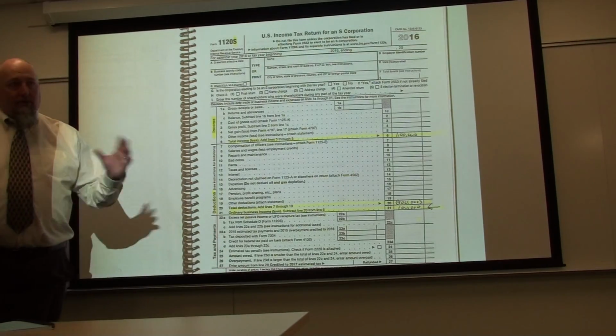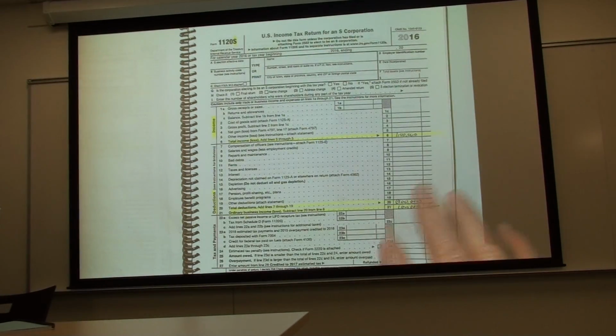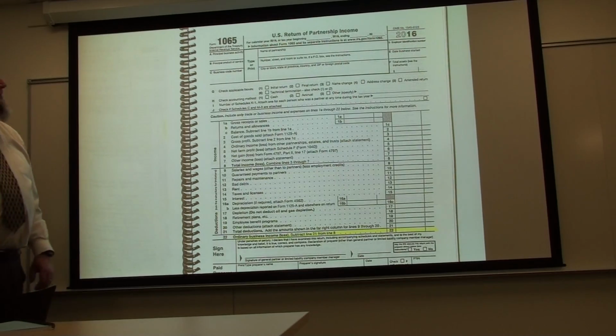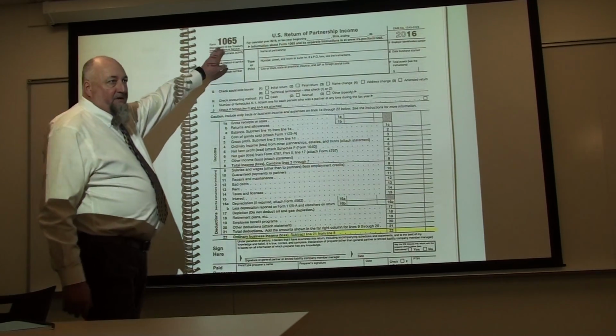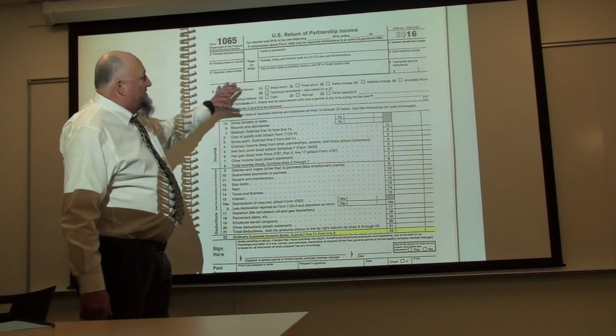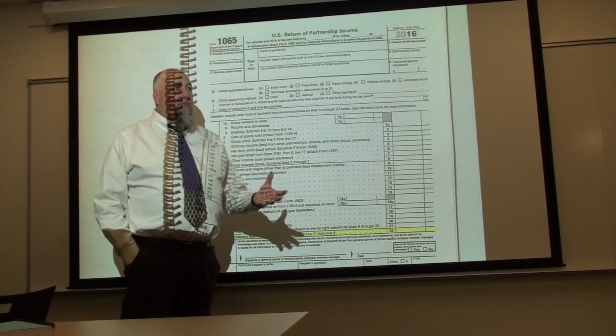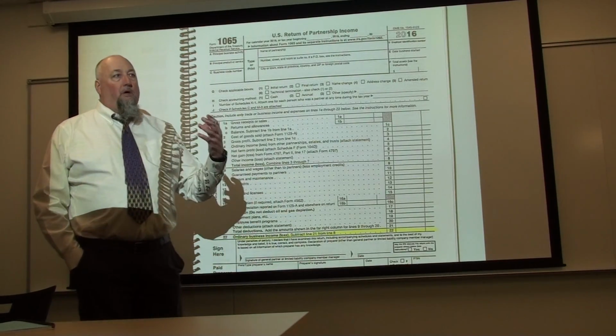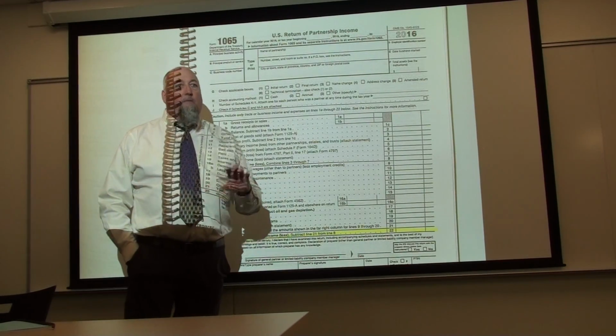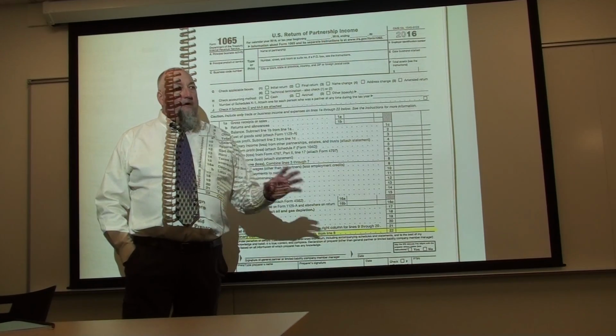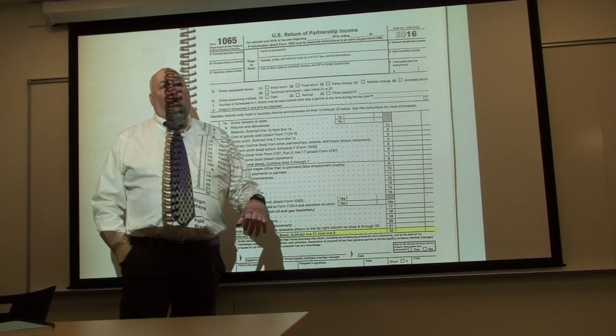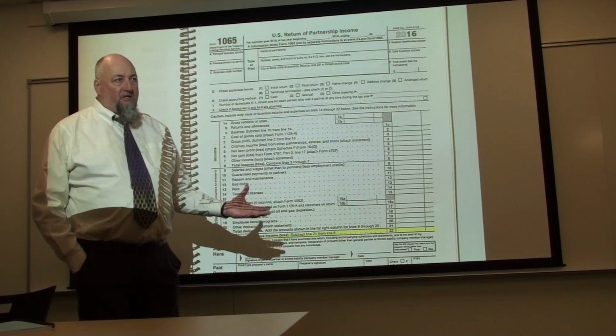Now, a partnership return, next page, is called a Form 1065. And this is a form that you would use for a general partnership, limited partnership, or a limited liability company, an LLC, if you have 2 or more owners, unless they want to be an S corp.